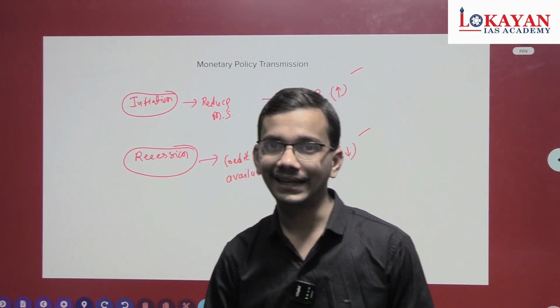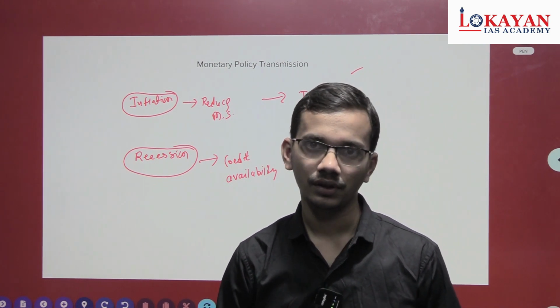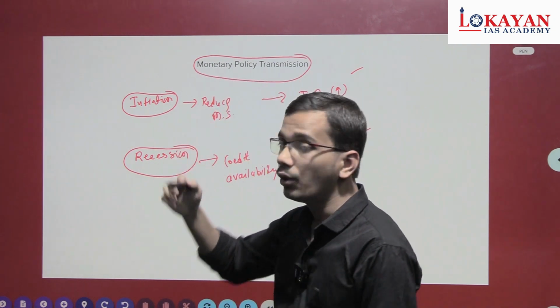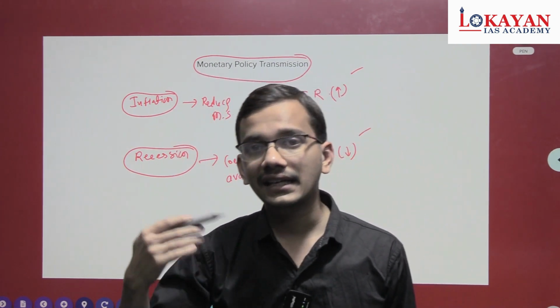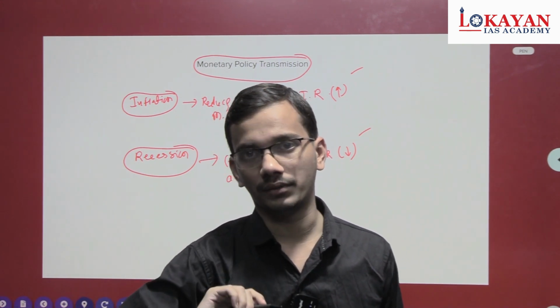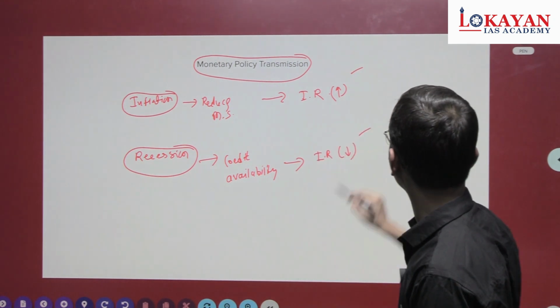Then that is the ineffectiveness of monetary policy transmission. So what is monetary policy transmission? How the rate reduction or rate increase from RBI is going to the bottom till customers. This is monetary policy transmission.